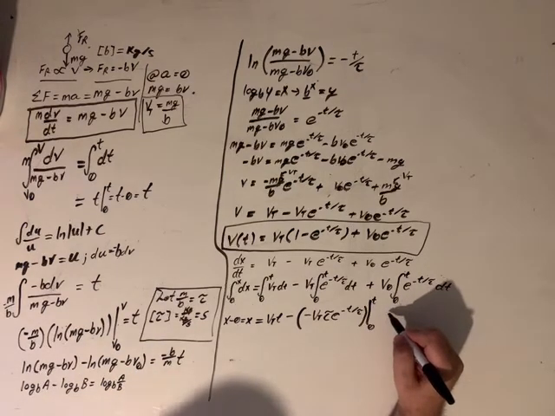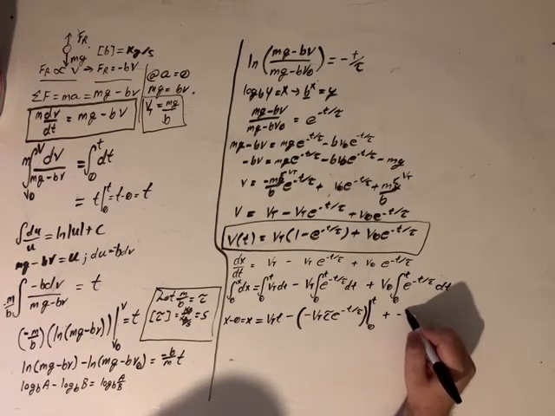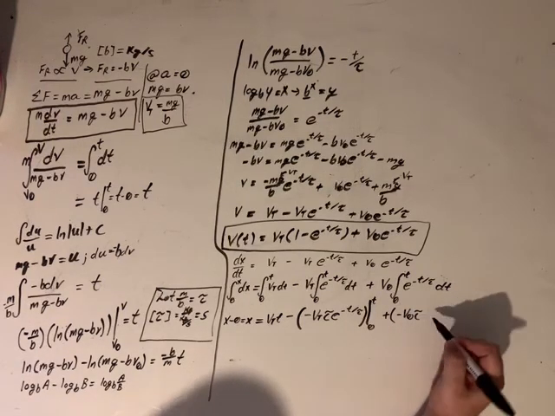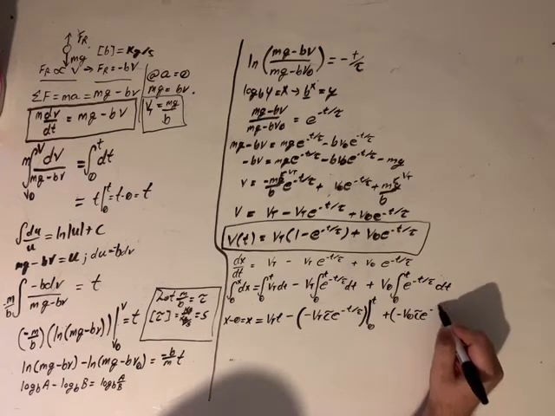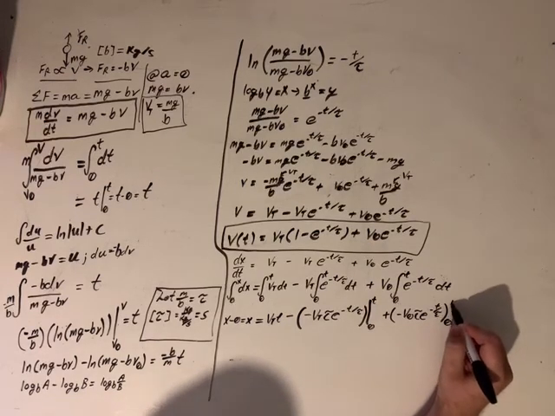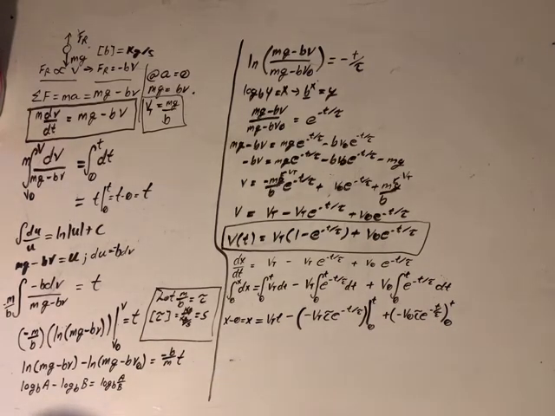And then I'm going to add negative v_0 tau e to the negative t over tau from the limits of 0 to t.